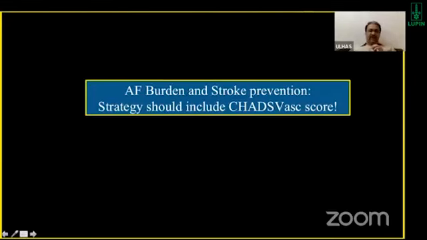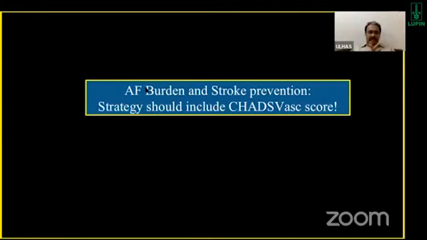When we agree upon the fact that AF could be only a risk marker, and also that it could independently predispose to stroke, we should now look at, in case there is an AF burden, whether we should include the CHA2DS2-VASc score together with the quantification of the AF burden.